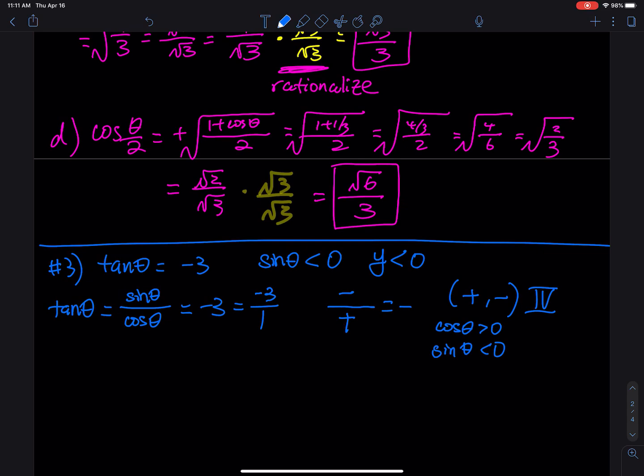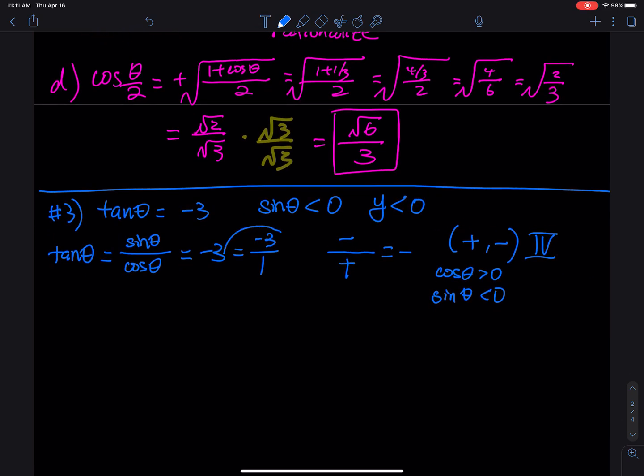A number divided by another number equals -3. It is not always -3 and 1. So at this point, we cannot determine sine and cosine yet. We need a right triangle.